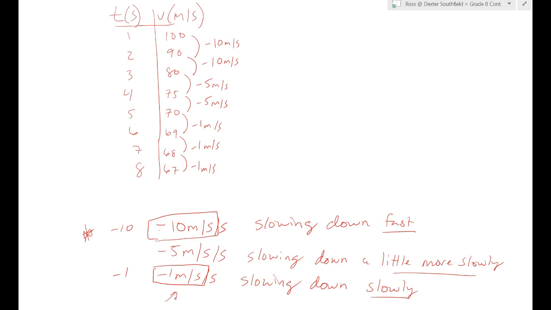You're going down from 70, 69, 68, 67, 66. Tiny little increments of getting slower. Whereas if you really slammed on the brakes, like right here, you can get slower by jumps of negative 10 in this case. So you can slow down fast, or you can slow down slow. So really what we're talking about is how big are those jumps that you're slowing down by. Is it a negative 10, a really fast deceleration, or are they jumps by negative 1 or 0.5, right? Tiny little increments that you're slowing down.